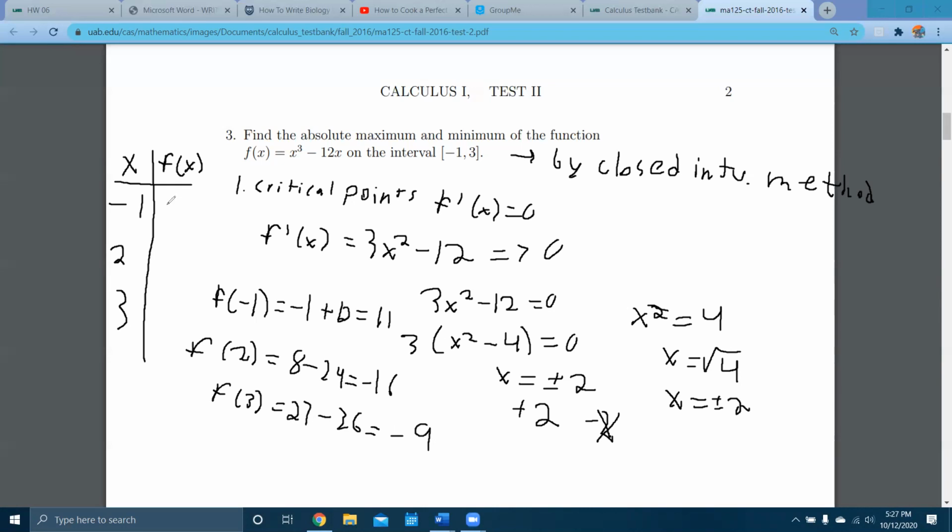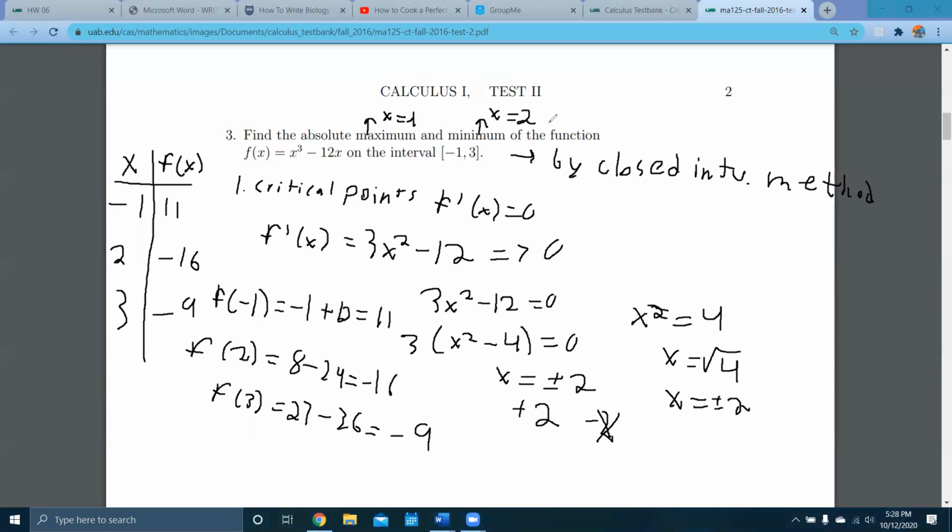So our values, we have 11, -16, -9. So max is at x equals -1, and the minimum is at x equals 2.